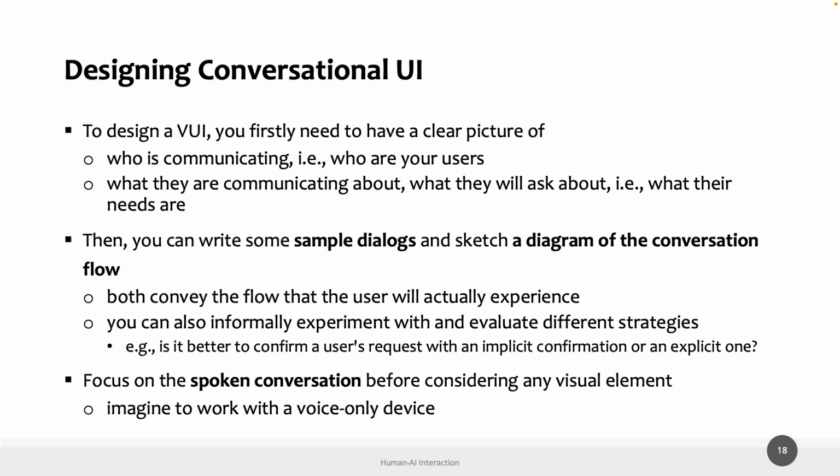But during this phase, you can also compare different strategies, different ways of establishing dialogues to see which strategies are more effective, without having to write one line of code. In general, during these phases, the focus should be on the spoken conversation and not on any visual elements. So the suggestion is to try to think about a voice-only interface.